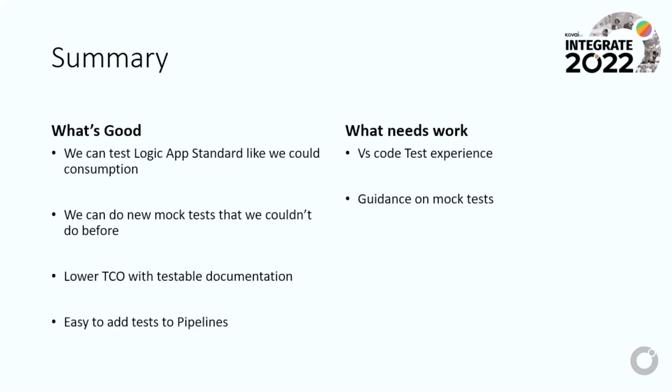And we'll wrap up, I think, with what's good. We can do all the testing we could already do in Logic Apps, and I've added some more cool features to it. What needs work, Microsoft guys, the whole Visual Studio thing, please sort that out because VS testing is so much better than VS Code testing. A bit more guidance on the mock testing, I think, would help people. So I mocked an HTTP call.